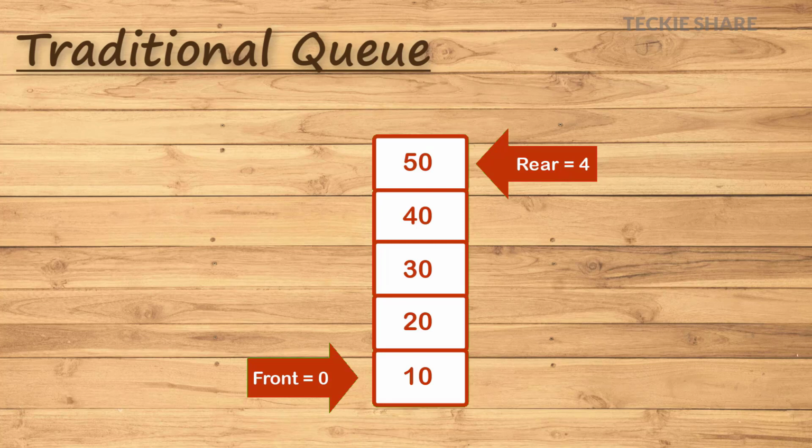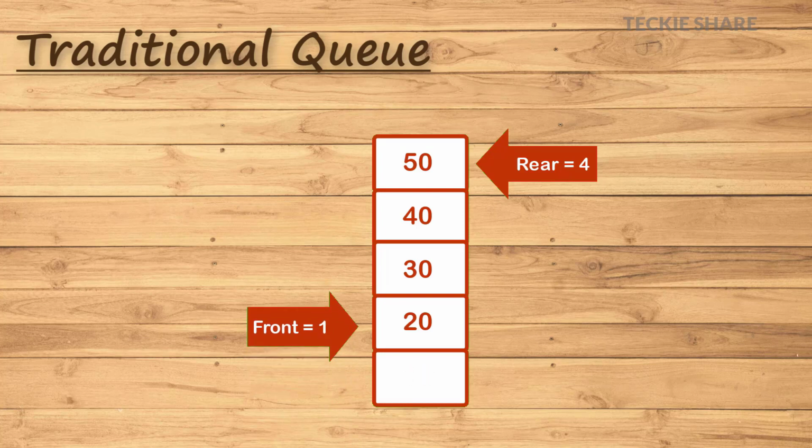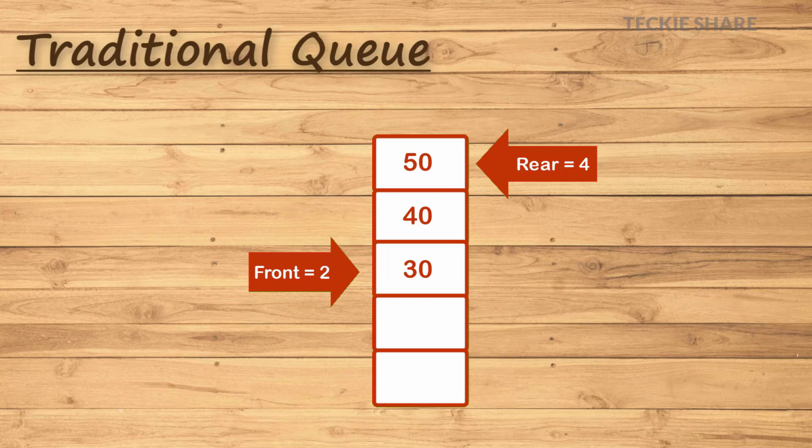If I remove the value 10 from this traditional queue, the front will point to index 1 and it will point to the value 20. Likewise, if I remove the value 20, the front position will be 2 and it will point to the value 30. In that case, there will be 2 empty spaces, but I can't insert data because my rear value is at the topmost position. I can't insert the data, so it wastes a lot of memory.